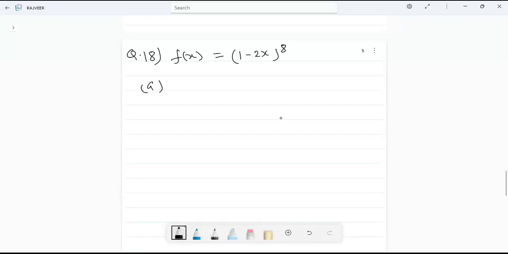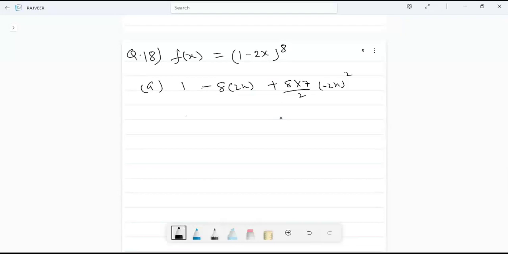Just you need to expand it. 8C0 is 1 and we have minus 8 times 2x plus 8C2, which is 8 into 7 over 2, and negative 2x squared.